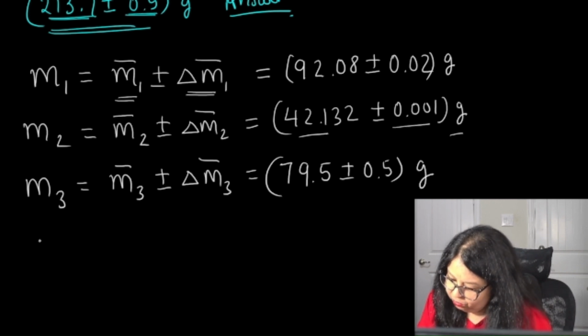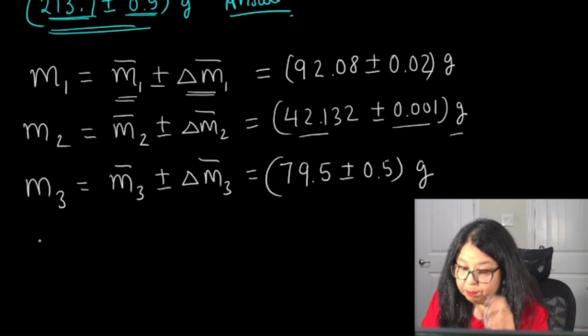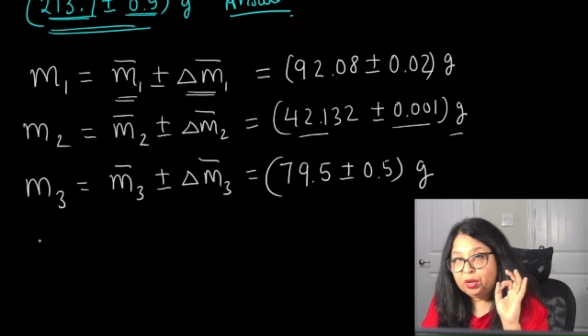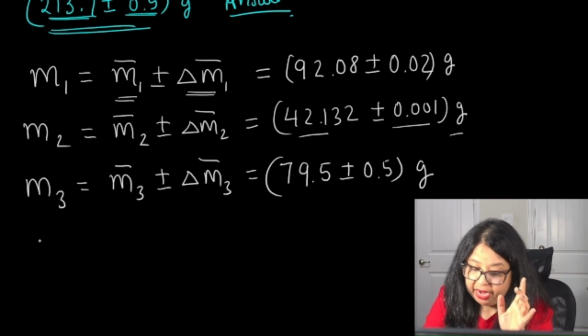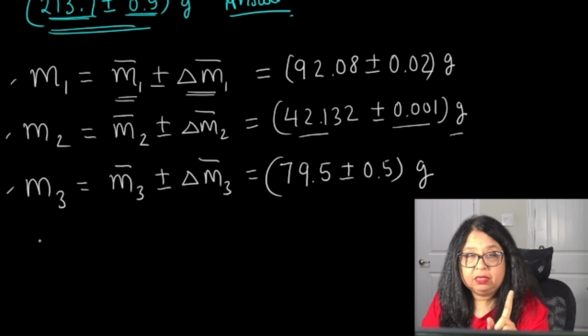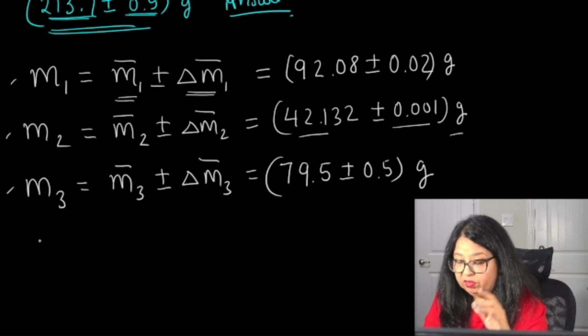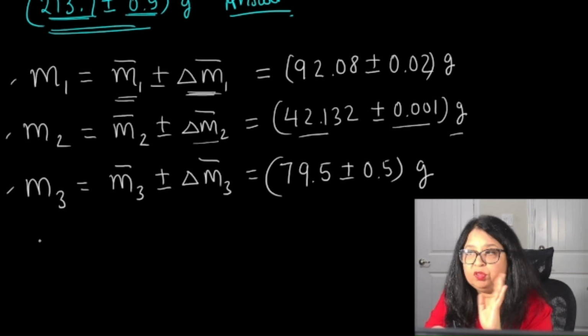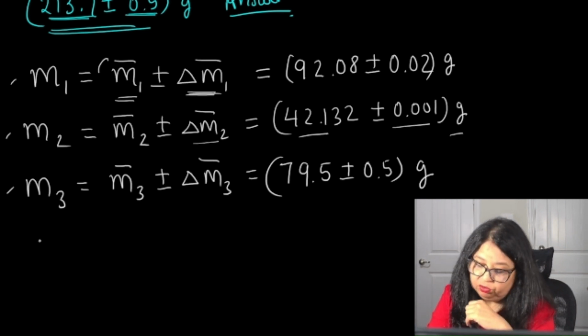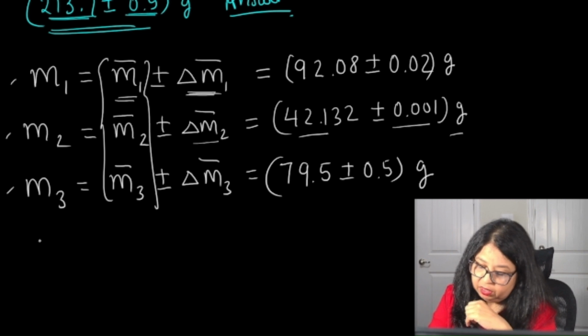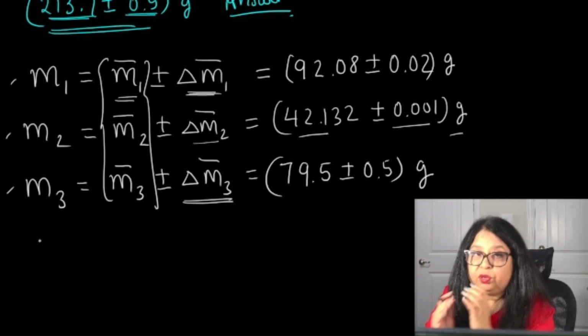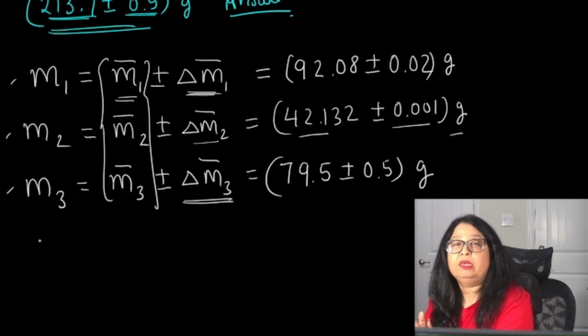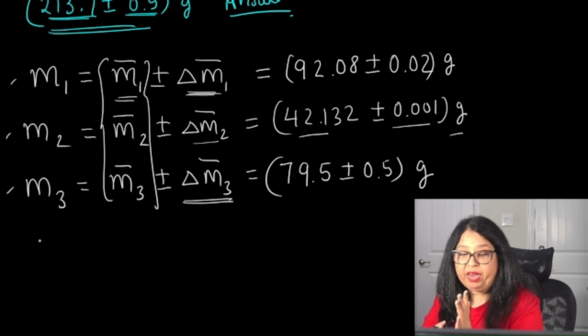Okay, so we're asked to find the combined mass. There's a rule. When you're adding or subtracting some numbers that have errors with them, you do the addition or subtraction, whatever you're asked to do, with the numbers. But these errors will always add whenever you're adding or subtracting.